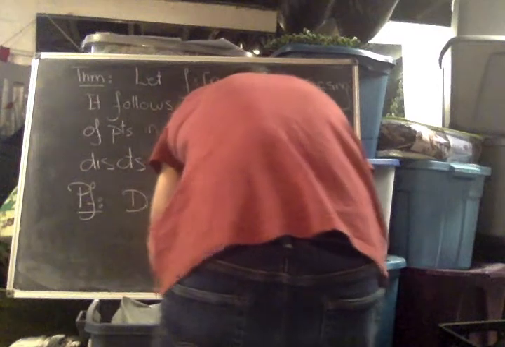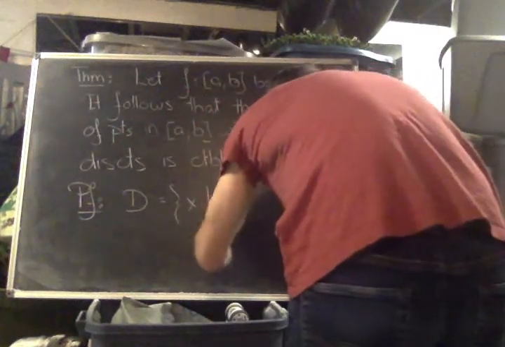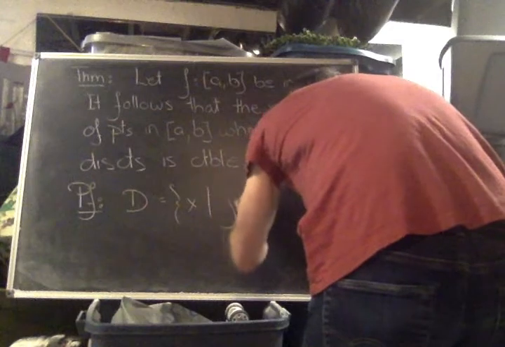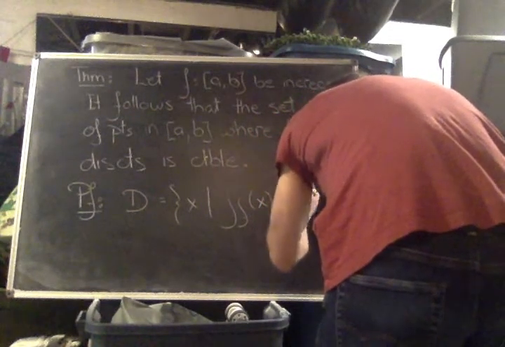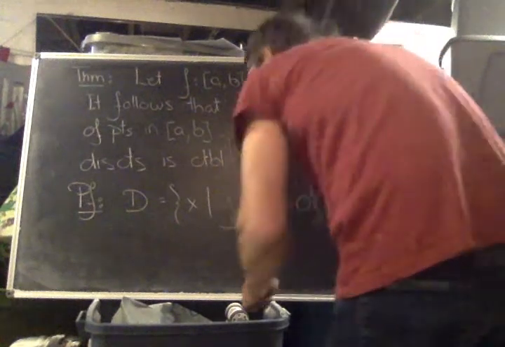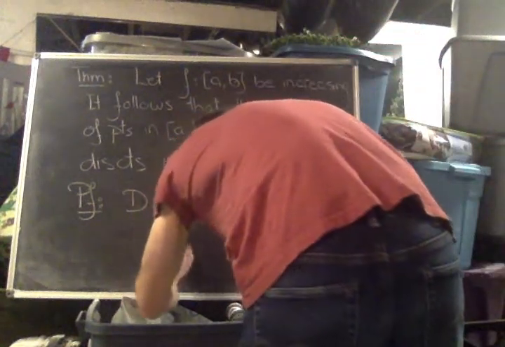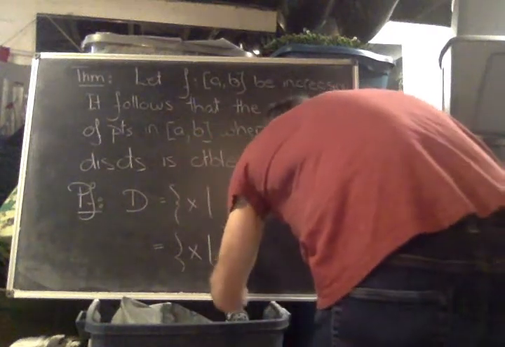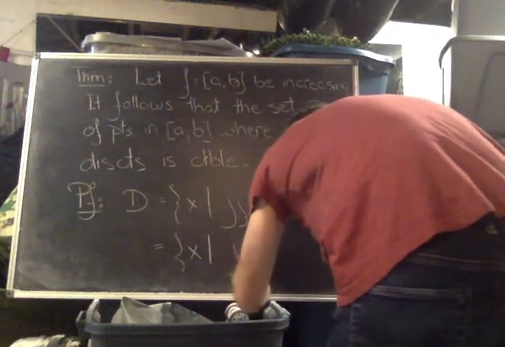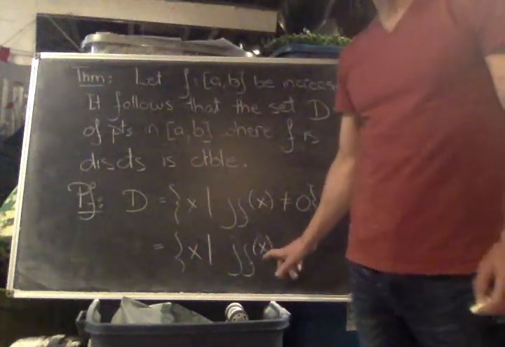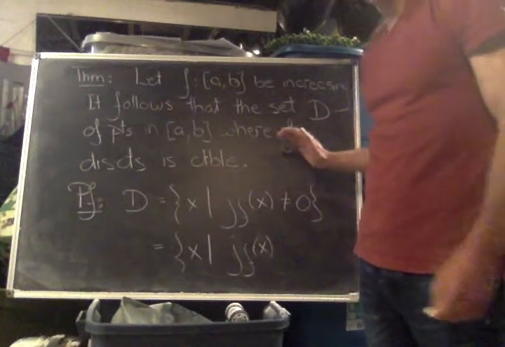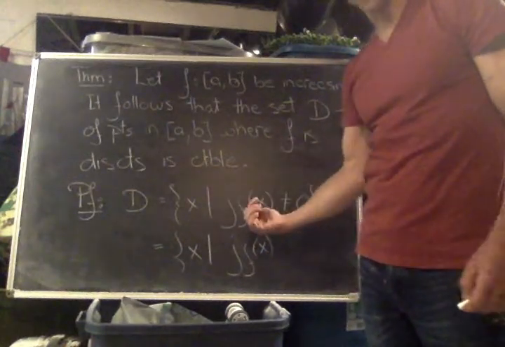So D, we know, is equal to the set of points X such that this jump JF of X is not equal to 0. In fact, it's better than that. Recall that the jump at a point X is basically the limit from the right minus the limit from the left.